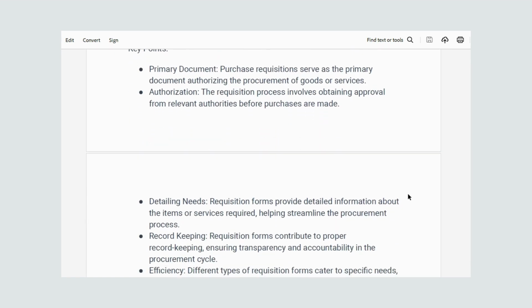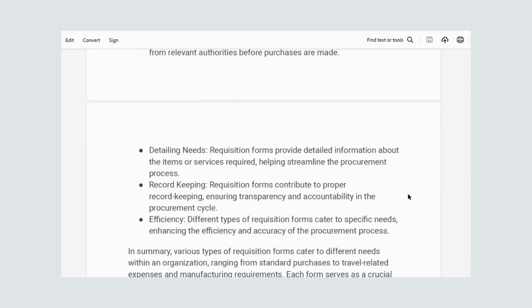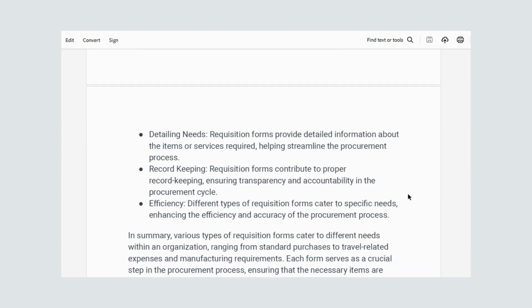Then requisition forms provide detailed information regarding the items or the services that are required, and that helps in streamlining the procurement process. So requisition forms contribute to proper record keeping, ensure transparency and accountability in the procurement cycle, and we can say that it also increases the efficiency of the organization. It enhances the efficiency and accuracy of the procurement process.